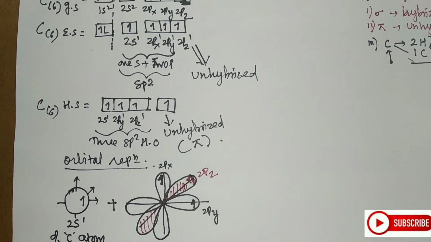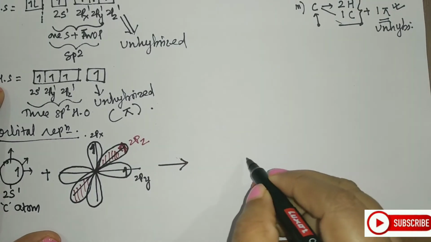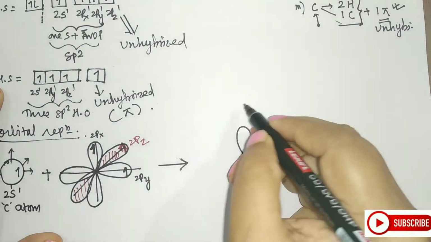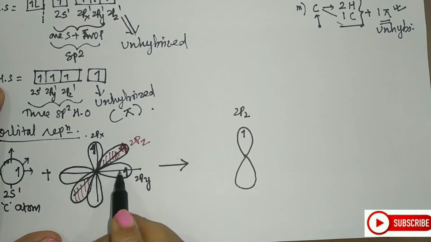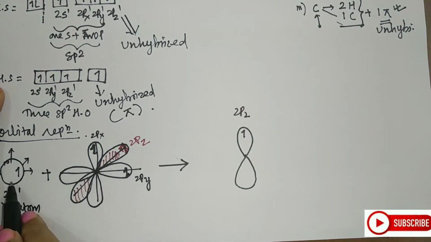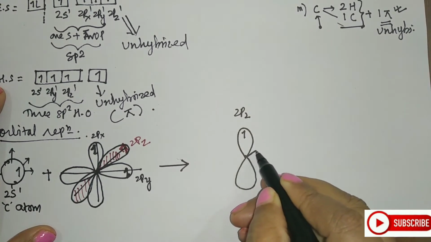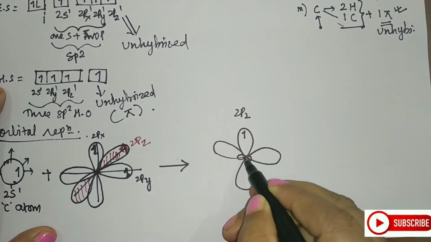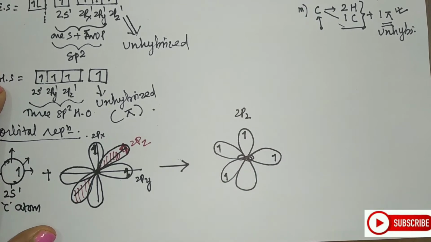Now after this, how will it form? Let us see what will happen after hybridization. After hybridization, this is your 2pz, which is remaining unhybridized, and those 3, that is this one and 2s1, they will hybridize and form the hybrid lobes in this way. This is the first one, this is the second one, and this is the third one, with 1 electron each.